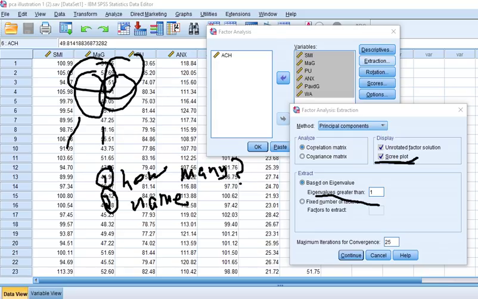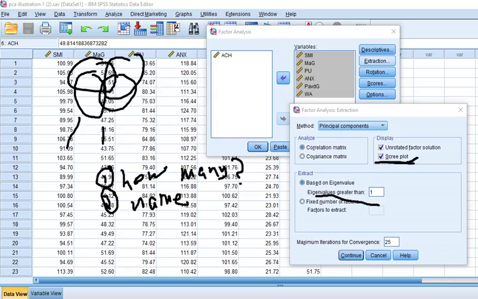So the eigenvalue cutoff rule essentially establishes a cut point for the number of components to retain. There are obviously problems that can be associated with that particular strategy.